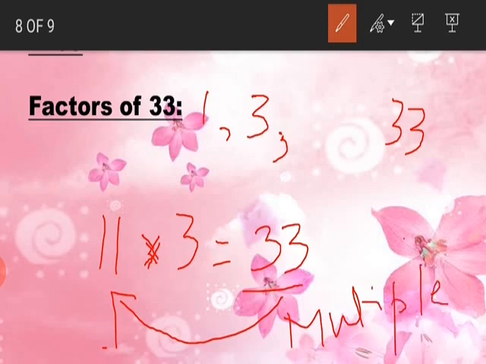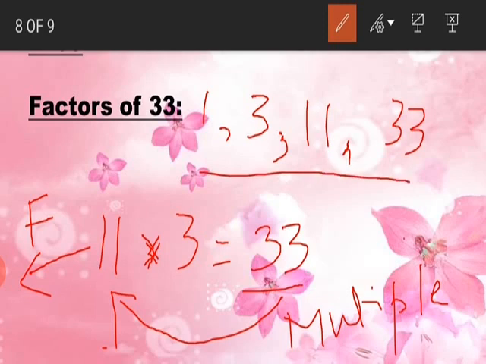So we can say that 11 is a factor of 33. We will write 11 here. And after 11 we have to look at 12, 13, 14. The number is still 33, so there is no other number which is a factor of 33. So we have only 4 factors of 33. So 4 factors of 33 means it is a composite number. 33 is a composite number.